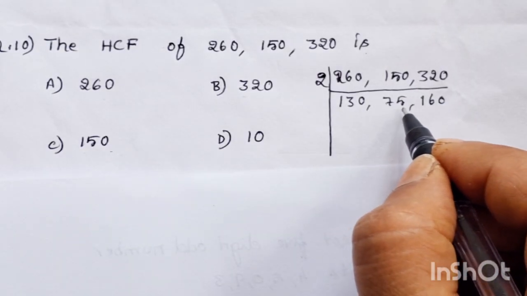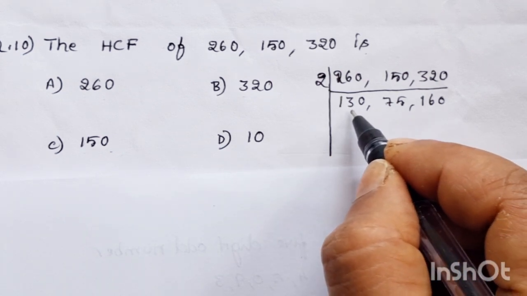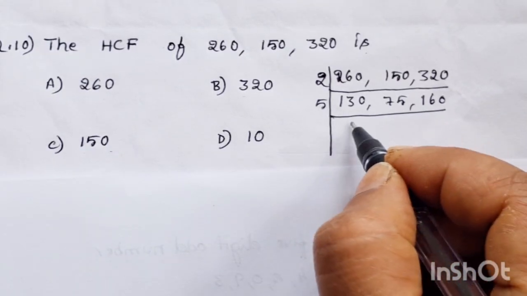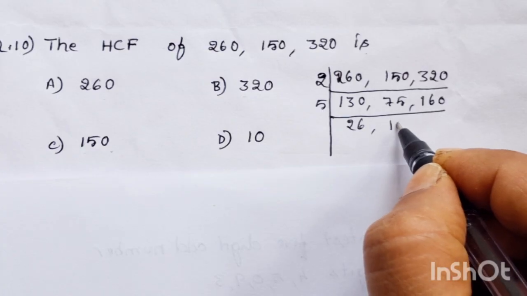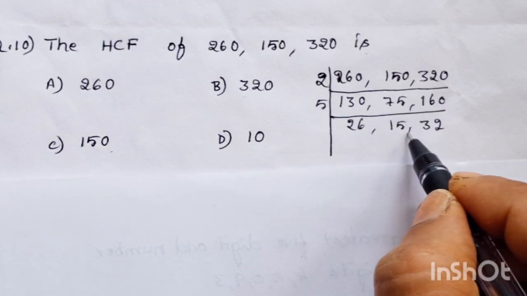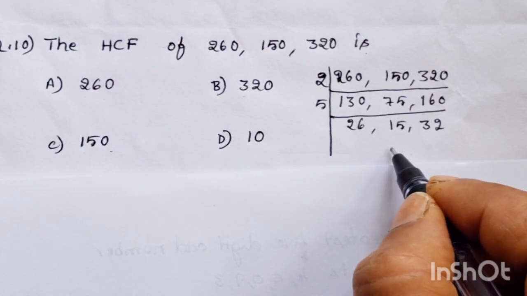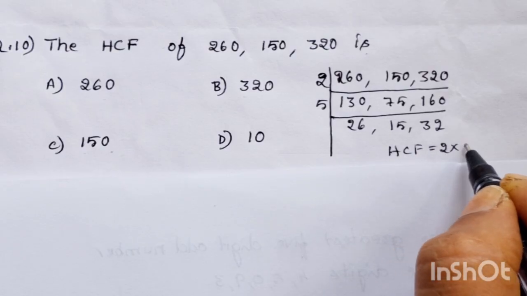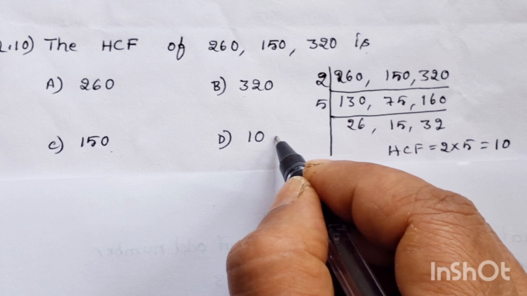In the next step, we cannot take 2 because 75 will not go by 2, and 130 will not go by 3 also. So all the numbers will be divided by 5. But in the next step, we do not get any number by which all the numbers are divided. So the HCF will be equal to 2 into 5, that is equal to 10, and the correct option is D, 10.